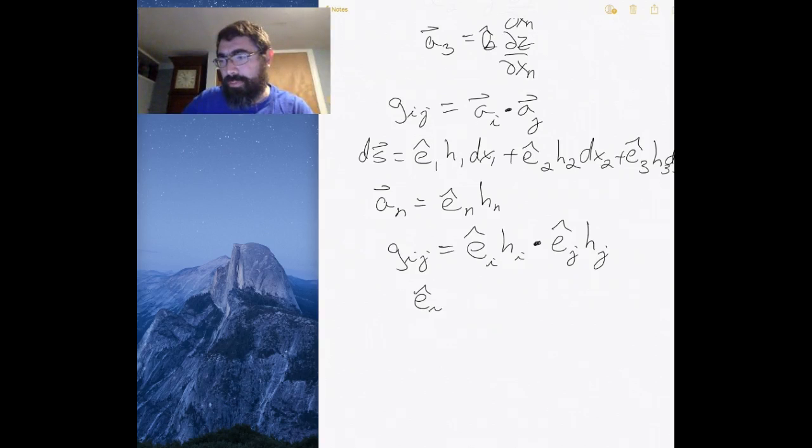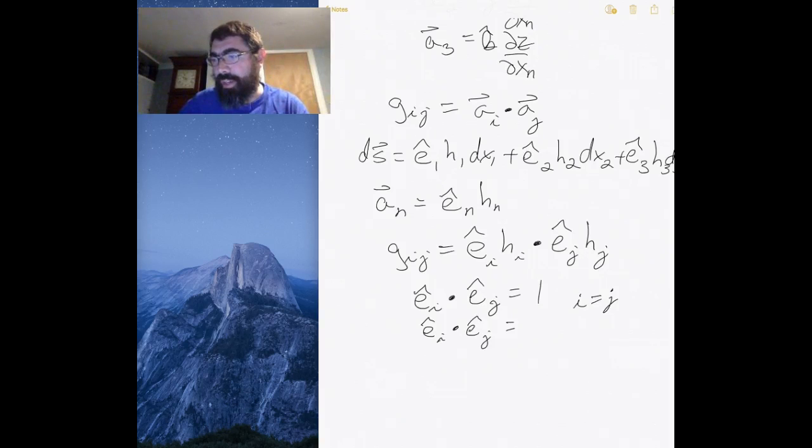And so now these unit vectors are only going to give one if you're dotting together unit vectors that are parallel to each other. If they're orthogonal and i is not equal to j, then I would get a 0. You can't take the dot product of two orthogonal coordinates.